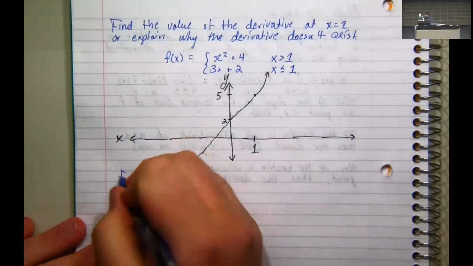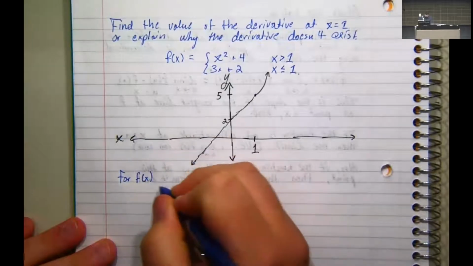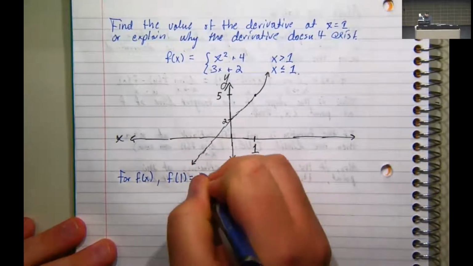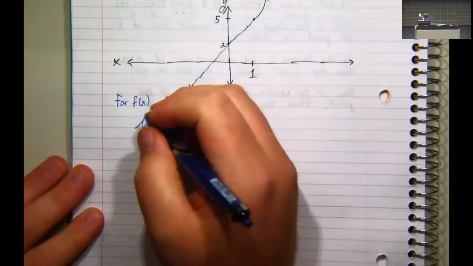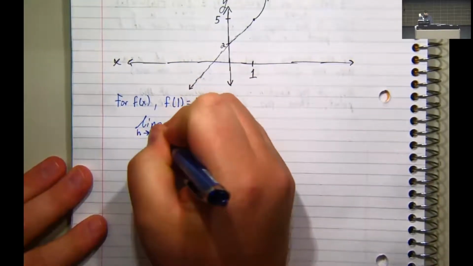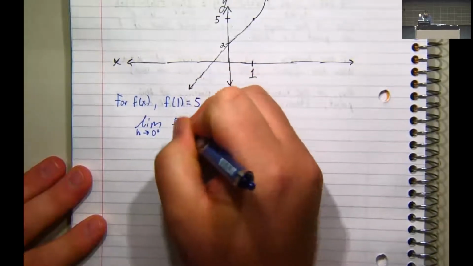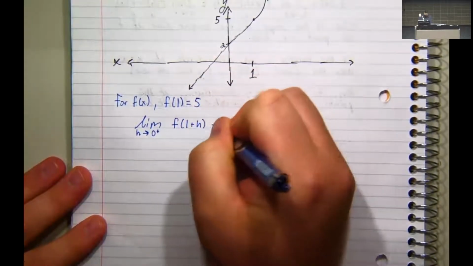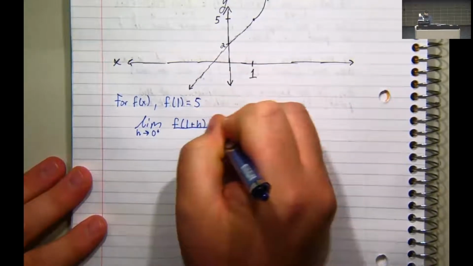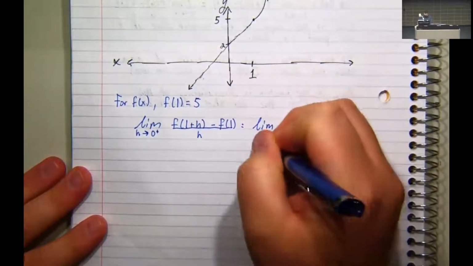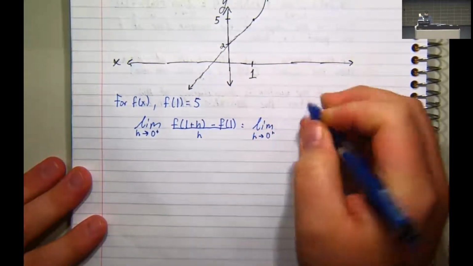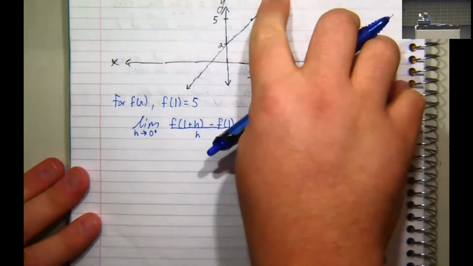So for f at x, f at 1 is equal to 5. So let's do first from the right. So the limit as h approaches 0 from the positive of f at 1 plus h minus f at 1 all over h is equal to the limit as h approaches 0 from the positive of, if we sub this in here, it's x squared plus 4, because that's when x is greater than 1.